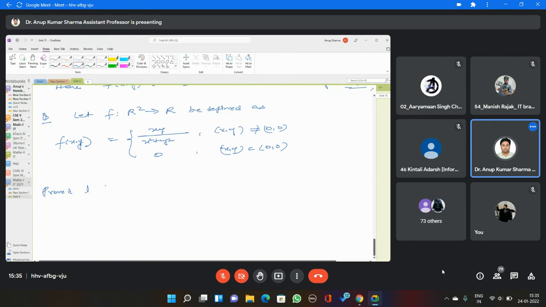Prove that the limit of f(x,y) as (x,y) tends to (0,0) does not exist. Solution.